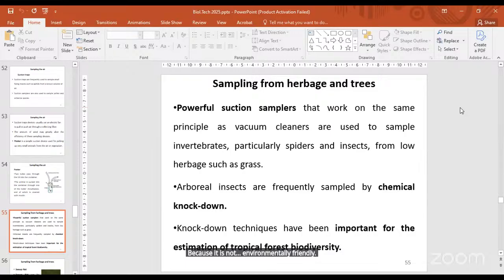But if you have to sample from habitats like the tropical forest, where you have tall trees, you may not have too many choices other than to use chemical knockdown sparingly. So that is sampling from herbage and trees.